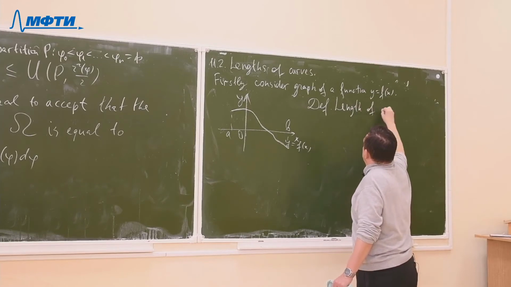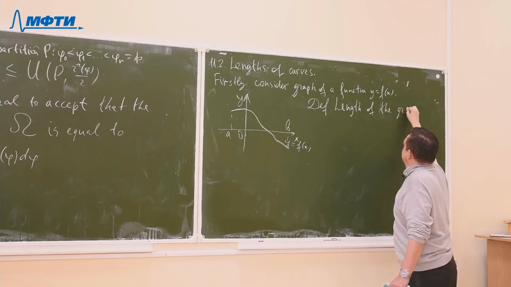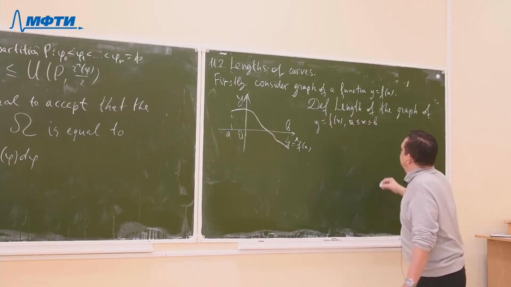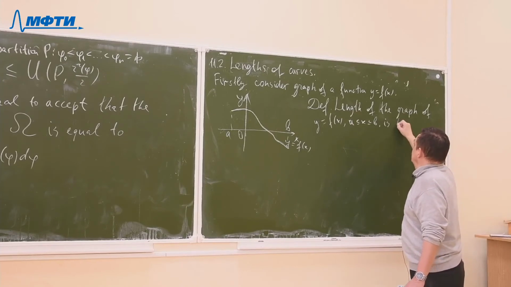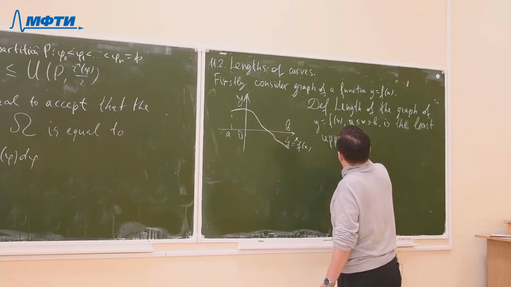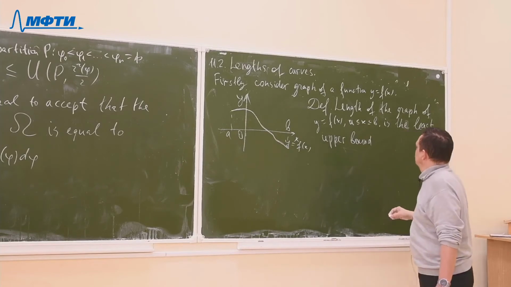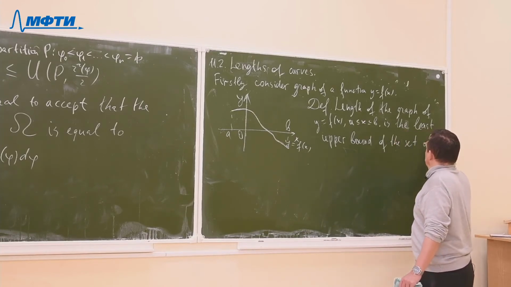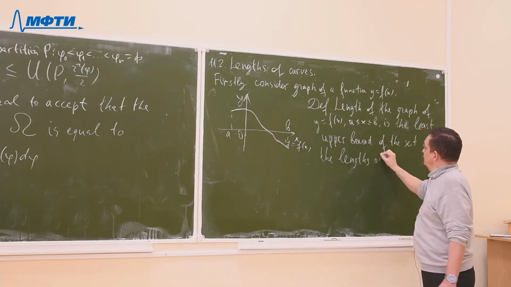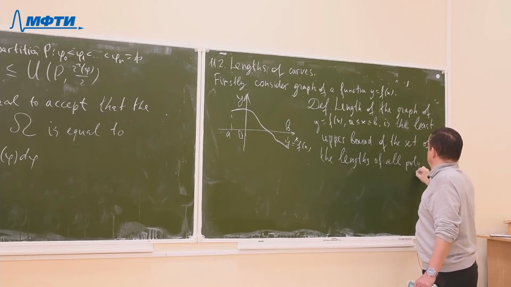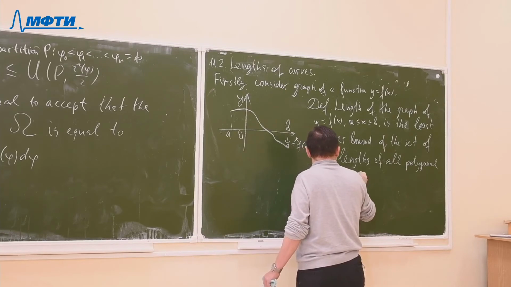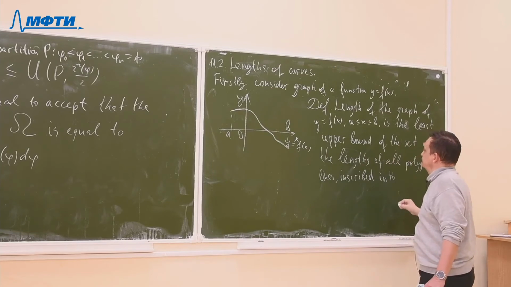The length of the graph of y equals f of x, a less than or equal to x less than or equal to b, is the least upper bound of the set of the lengths of all polygonal lines inscribed into the graph.